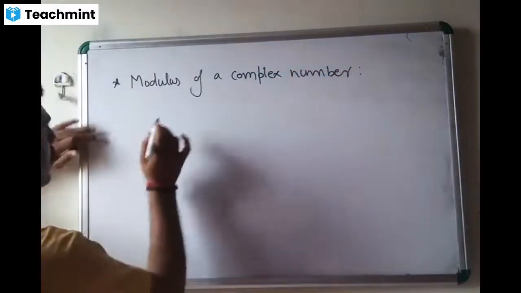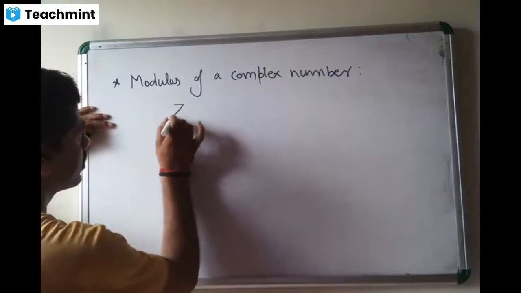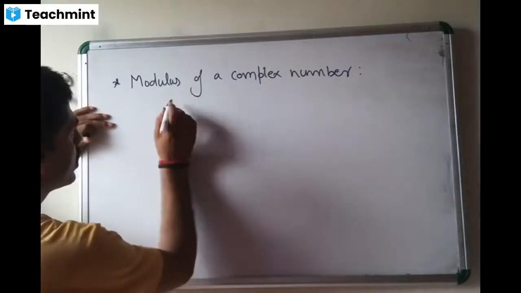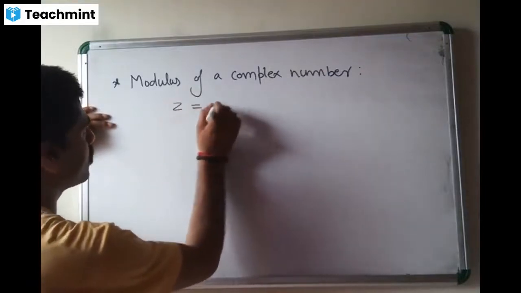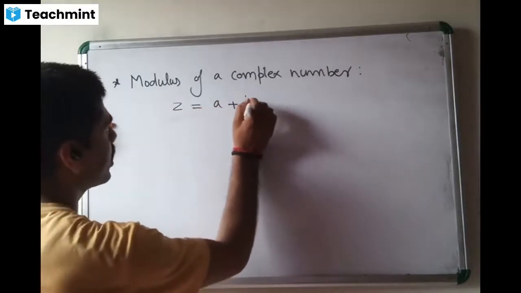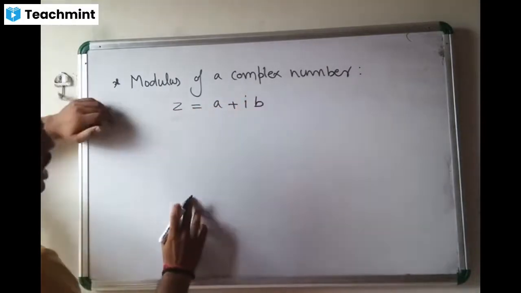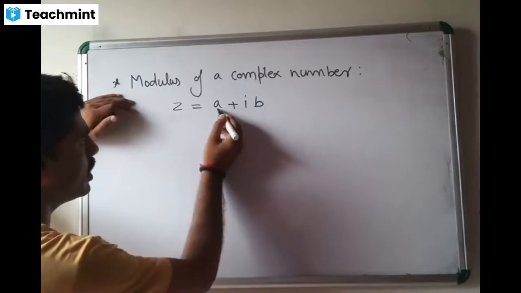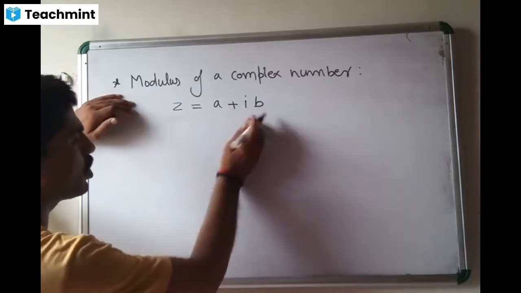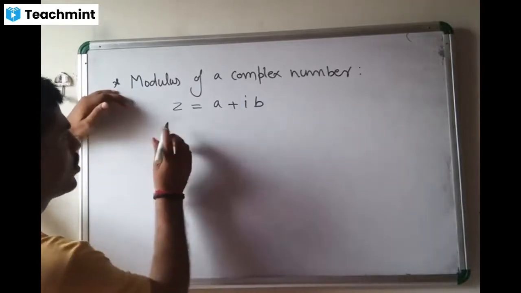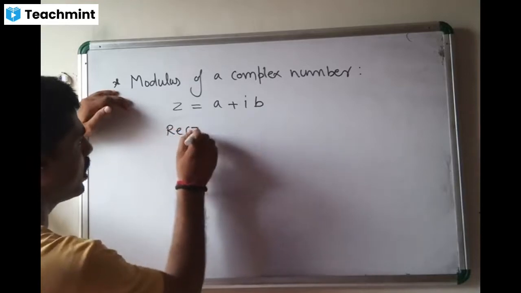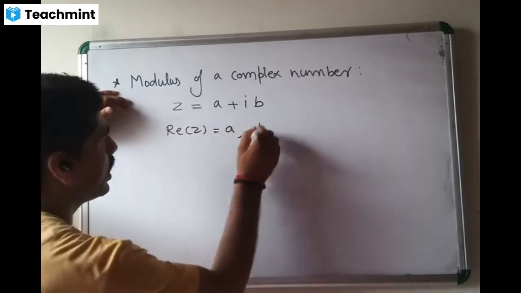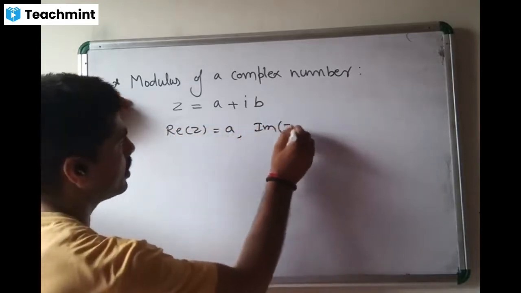Now see, suppose that you have a complex number z is equal to a plus ib. So you can see that this a is called the real part and this b is called the imaginary part. Yes or no? Tell me. Real part is equal to a and the imaginary part is equal to b.